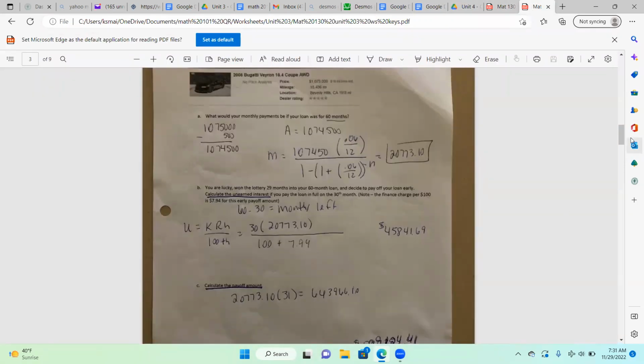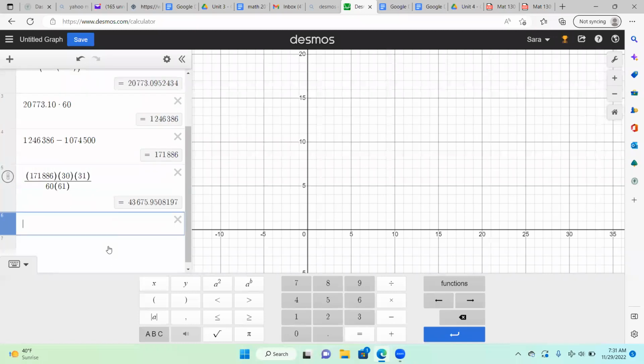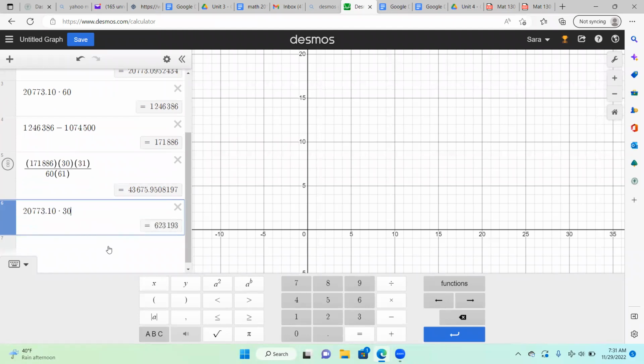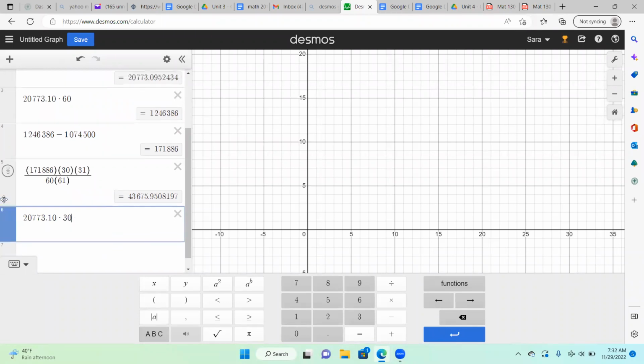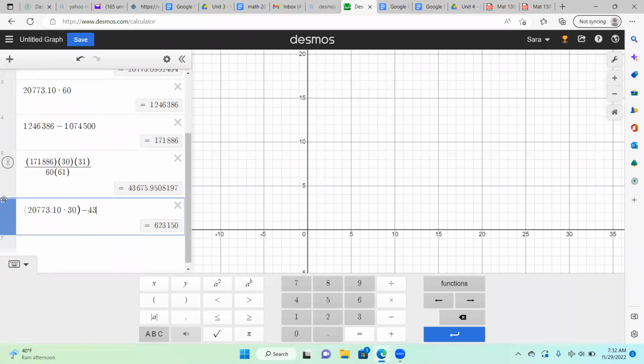Then calculate the payoff amount. So the payoff amount is not this here. It is going to be our payment, which is 20,773 and 10 cents times the 30 remaining payments, subtracting our unearned interest, 43,675 and 95 cents.